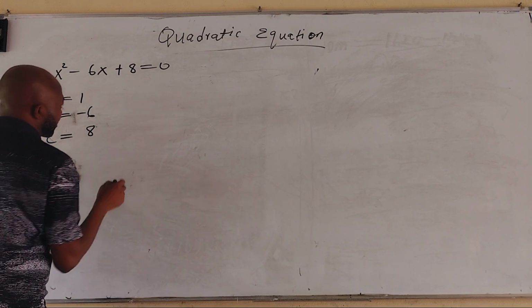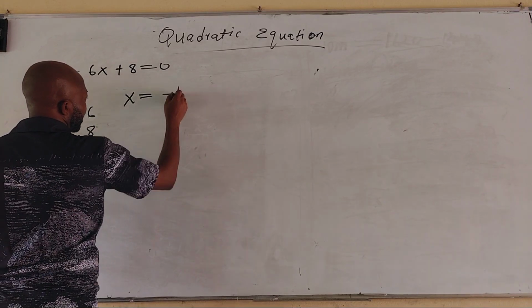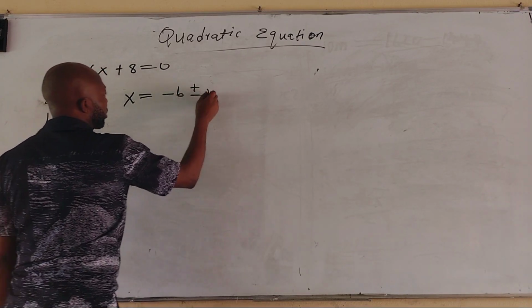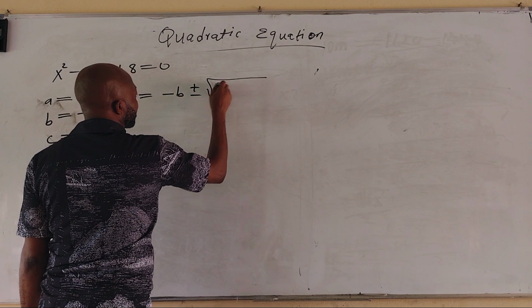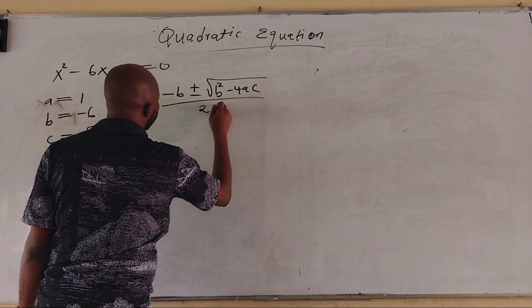Using the formula, x is equals to minus b plus or minus the root of b squared minus 4ac over 2a.